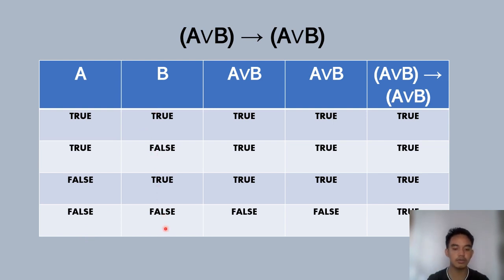As you can see from the previous slides, the values of A and B are fixed. So let's see the OR.